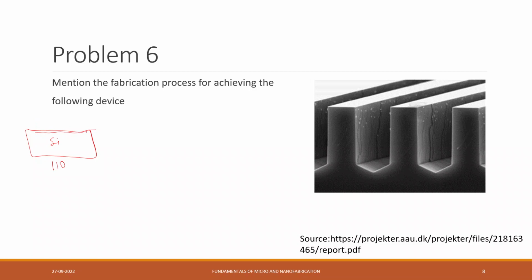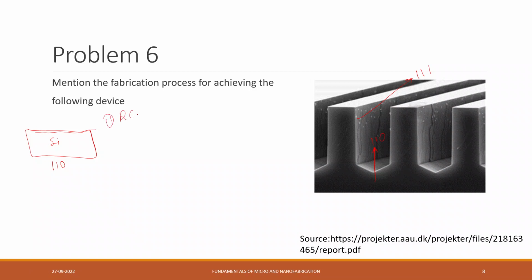This plane is 110, and what happens is that this one is 111, and the layer that is parallel is 110, and essentially this is what helps in getting such vertical walls.